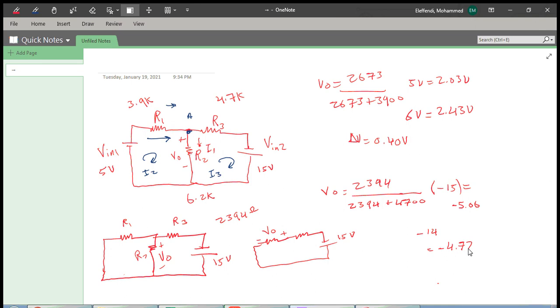Now I'm going to take minus 4.72 minus minus 5.06, and delta V will come out to be 0.33 volts. Now you see the delta V in here is smaller than the delta V in here, and this means that V in 1 will have a bigger effect on the output voltage.